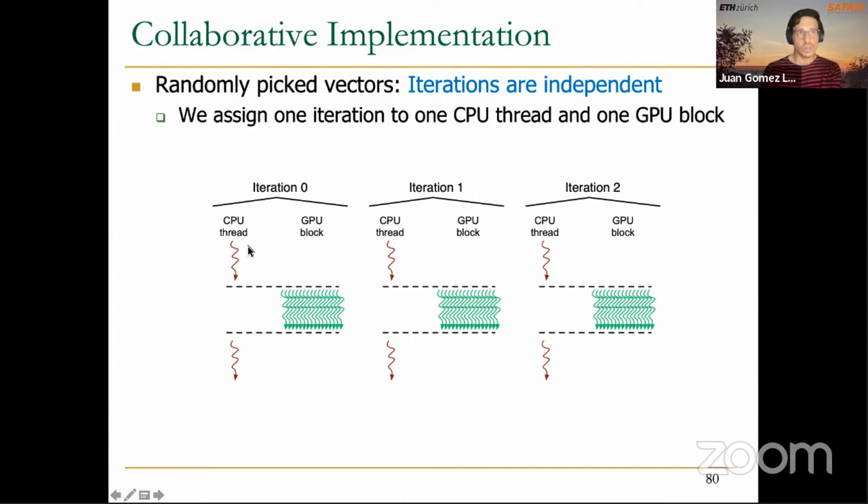Whenever the CPU thread is done with generating a new model, it can signal the corresponding GPU block to execute the parallel part, the SIMD part, where the model is evaluated, and after that, obtaining one score and returning the score to the CPU thread for the CPU thread to decide how good or bad the model is.